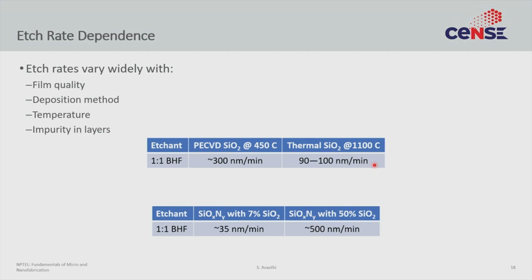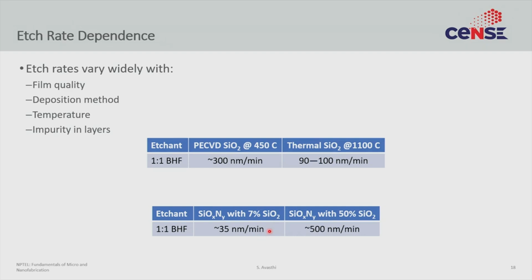Another example is of impurities. So again, you are using 1:1 BHF etchant, and in this case you are trying to etch a silicon oxynitride alloy. So there's some amount of oxygen, the rest nitrogen. Supposing this has 7% silicon dioxide and 93% silicon nitride, that would give you an etching rate of say around 35 nanometers per minute.